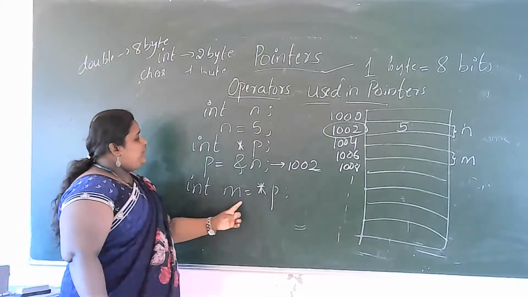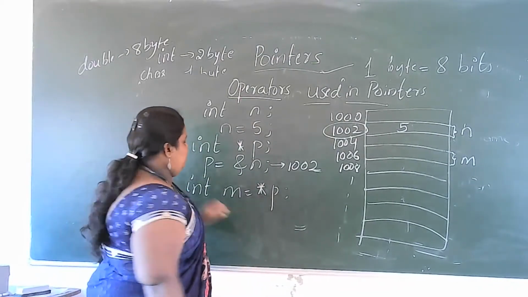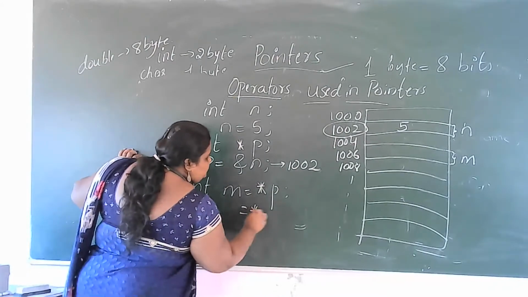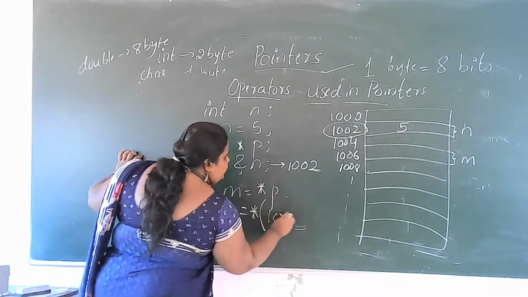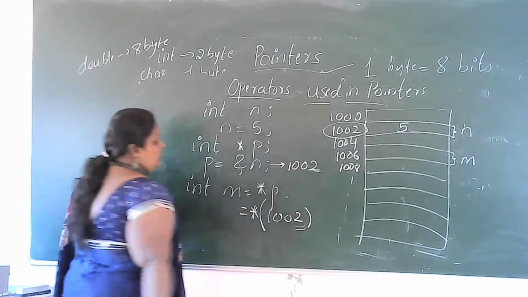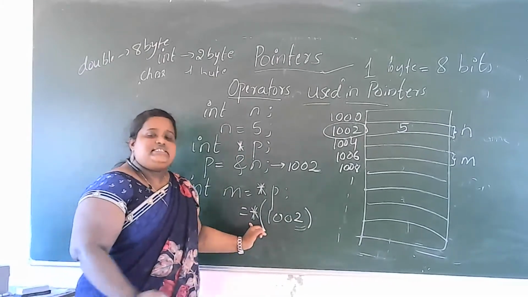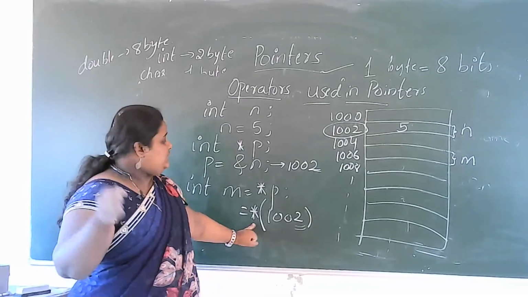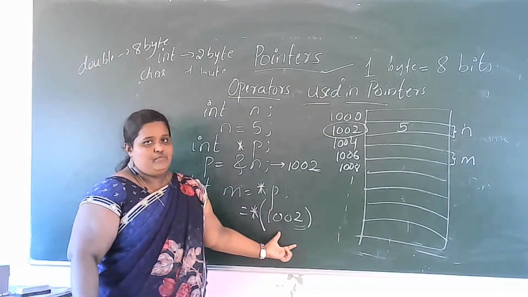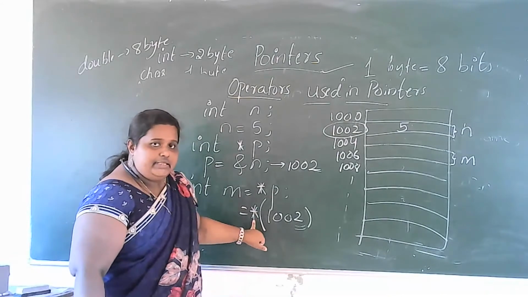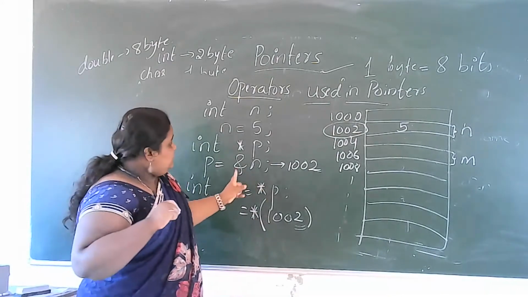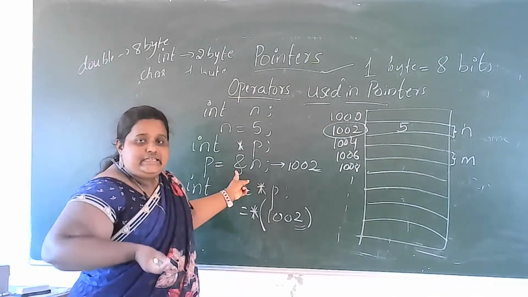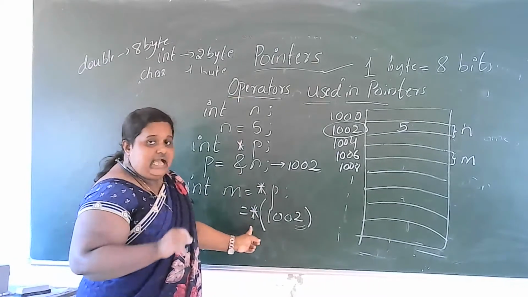Here in m equal to star p, that is star of 1002. Why is star used? Star is used to retrieve the data which is stored in a particular memory location. Ampersand is used to store the address of another variable.